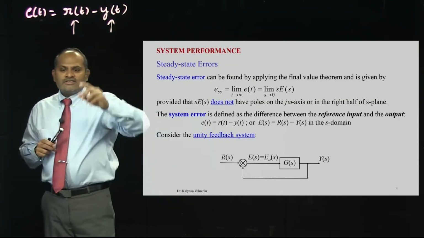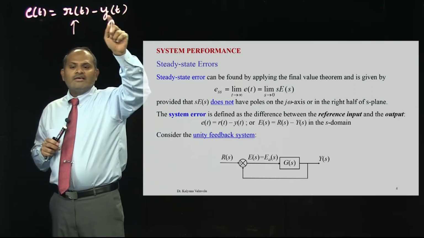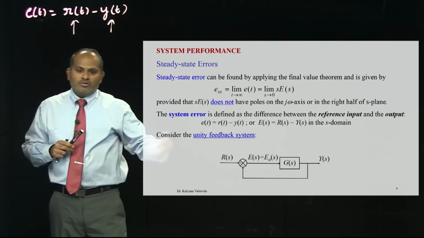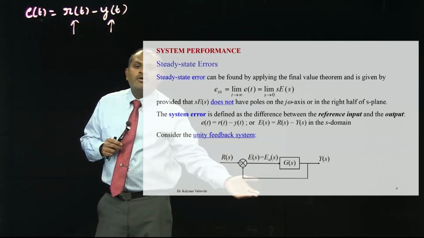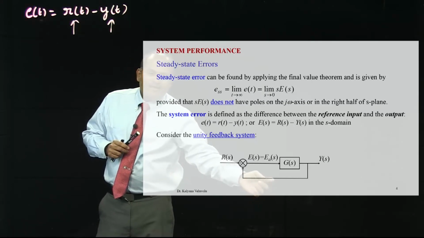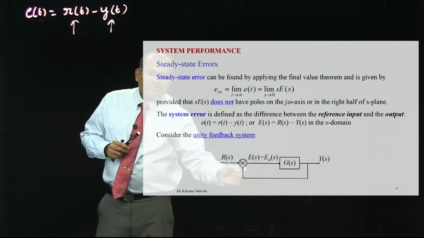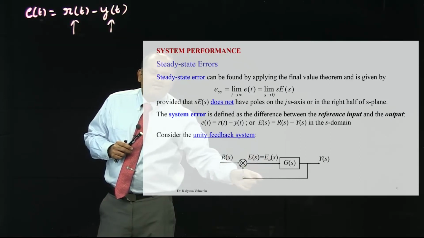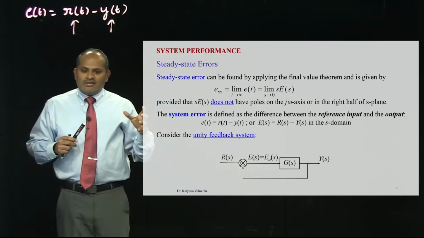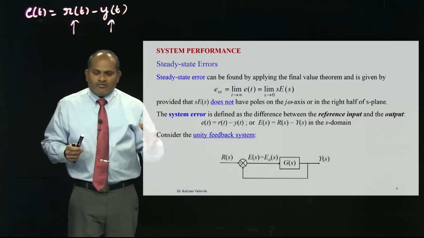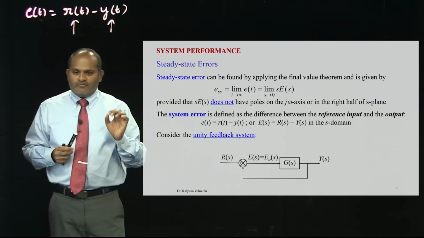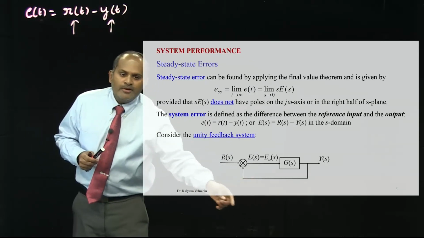The point is, when can we directly subtract the output from the reference? This is only possible if you have a unity feedback system. If you have a k here, the error becomes R of s minus k into Y of s. So, the error constants and error performance are only good for unity feedback systems. Very important, unity feedback systems.